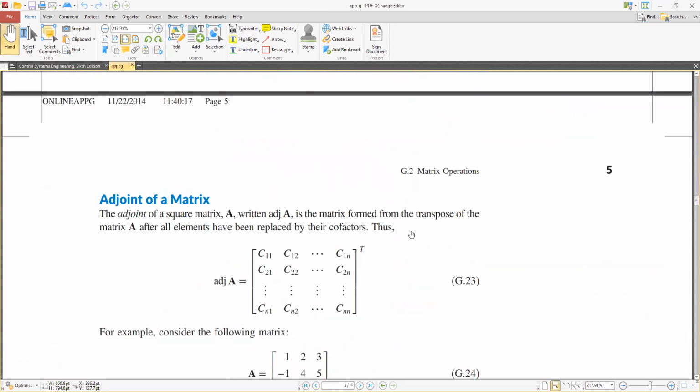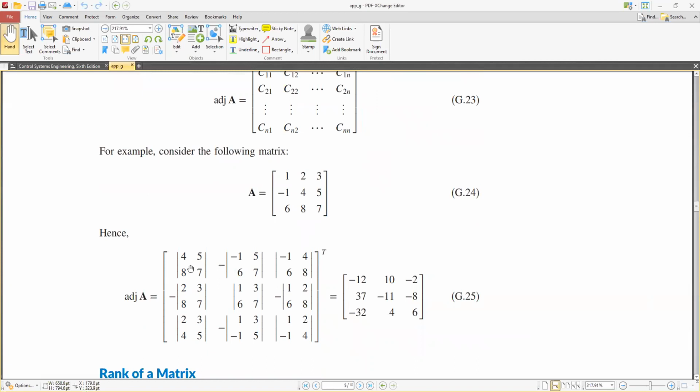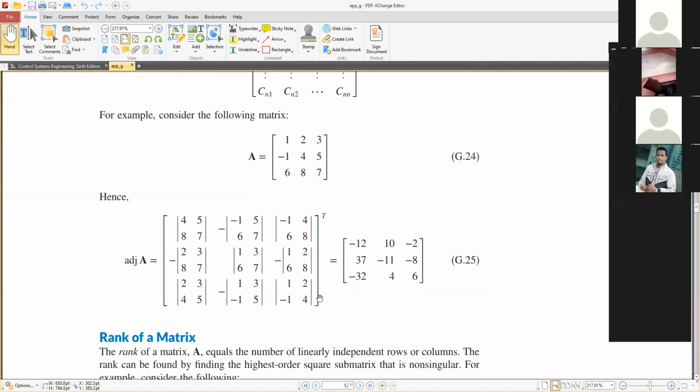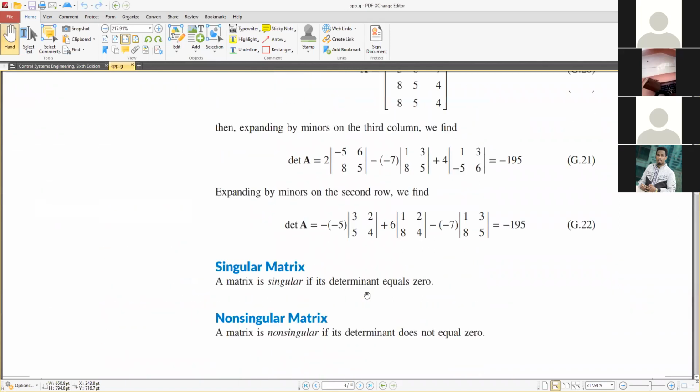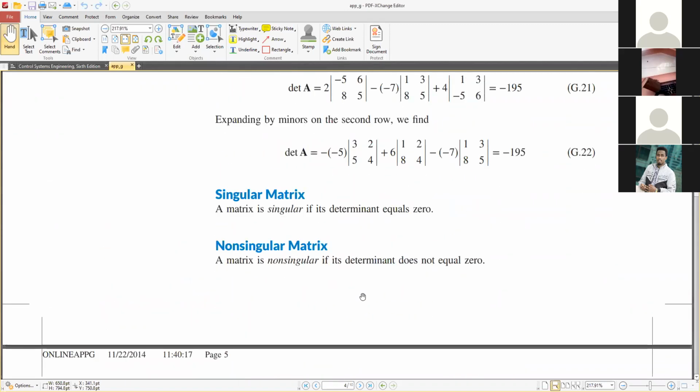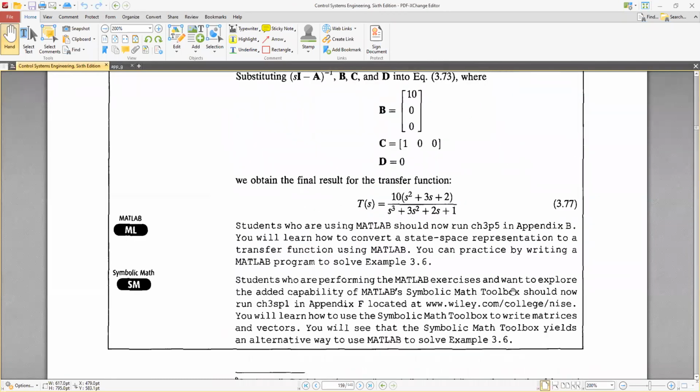For the adjoint matrix, take the transpose and here apply the formulas. Then you will find the output, this kind of matrix. So find the adjoint and the determinant, then divide it. Not very difficult, just you have to check it by yourself.